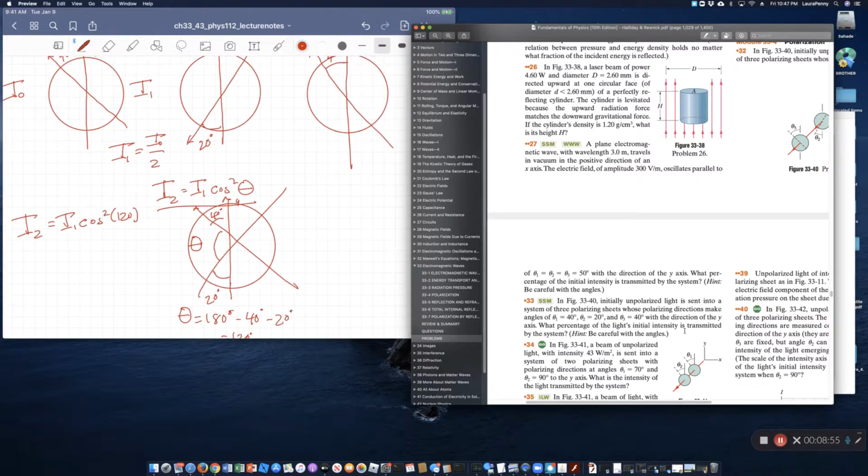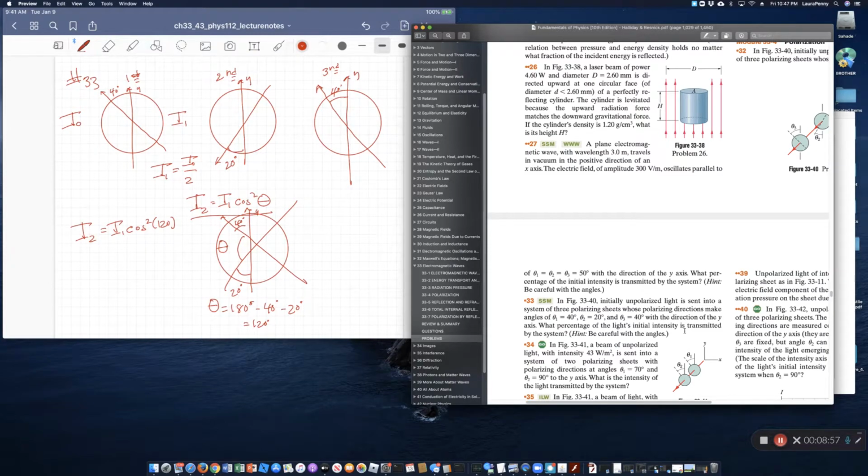Going through the third polarizer, now we want I3 is I2 cosine squared of theta, and again we want to know the angle between the second polarizer and the third polarizer. Well, this is exactly the same as what we just had, only backwards.